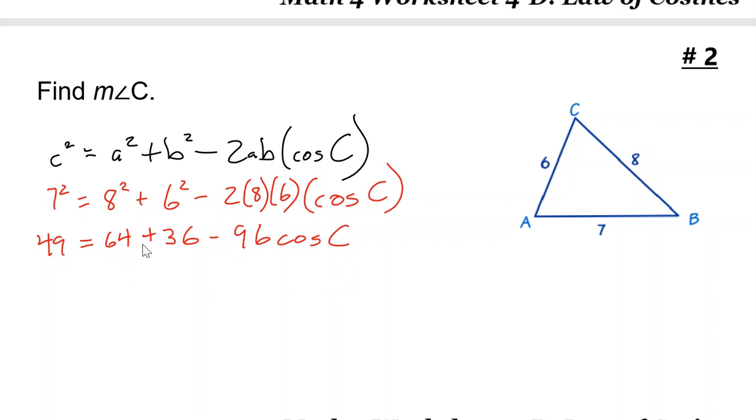And if 64 and 36 is 100, we subtract 49 minus 100, we get negative 51 as a result. And then when we divide both sides by negative 96, negative 51 divided by negative 96, we get 0.53125.